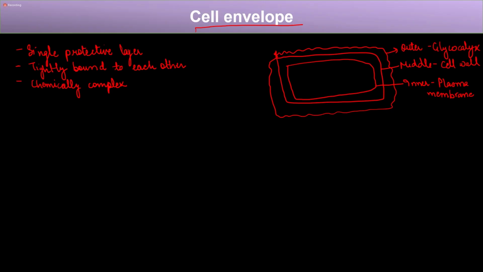Now we will study all three components of the cell envelope one by one. The first component is glycocalyx. It is the outermost layer of the cell envelope.